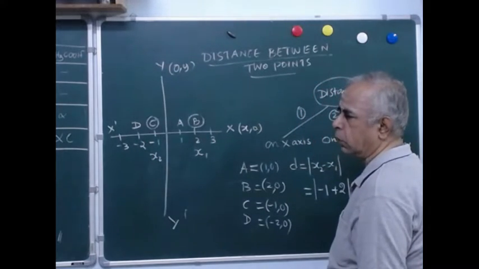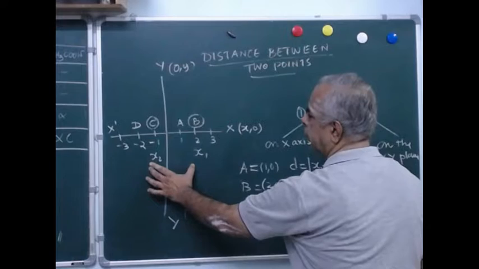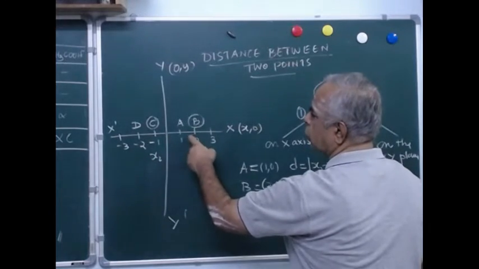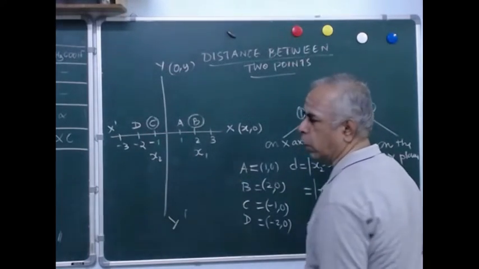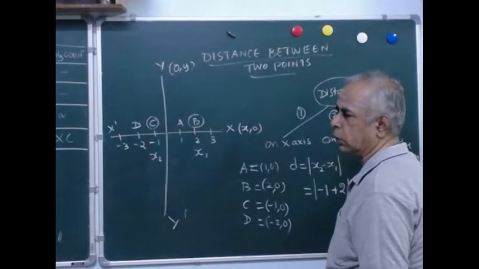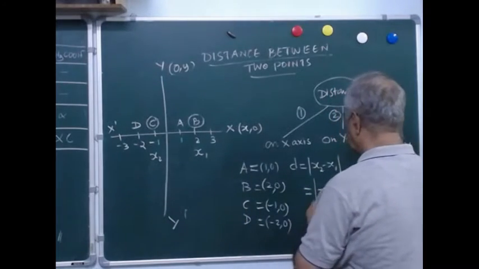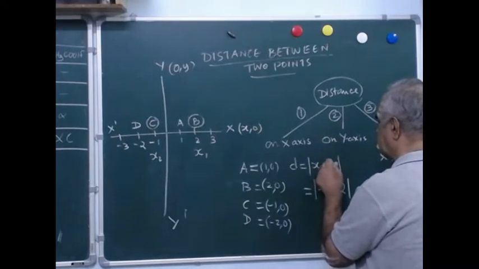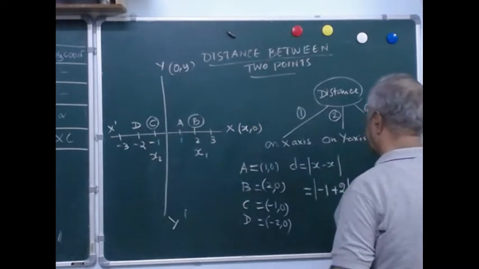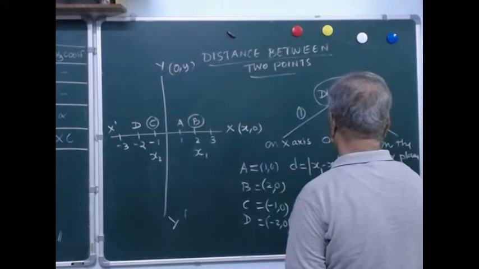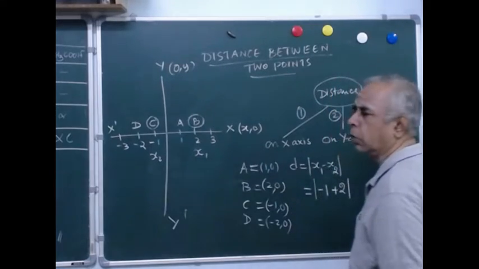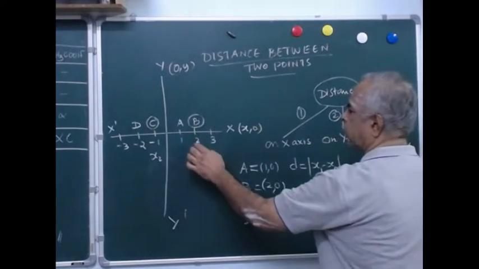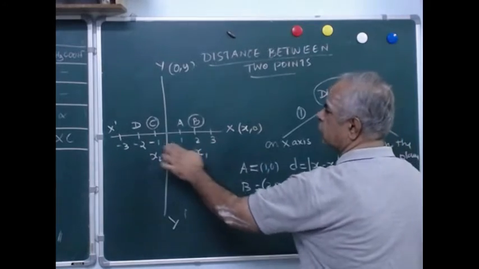So the distance between them is 2 and -1. I would suggest you take x1 minus x2 rather, where this is x1 and this is x2.